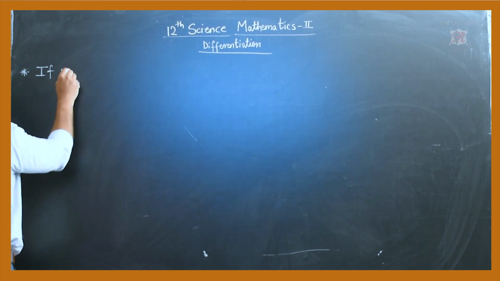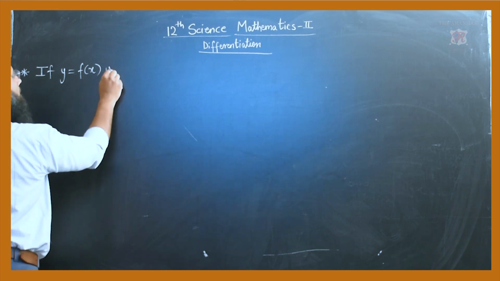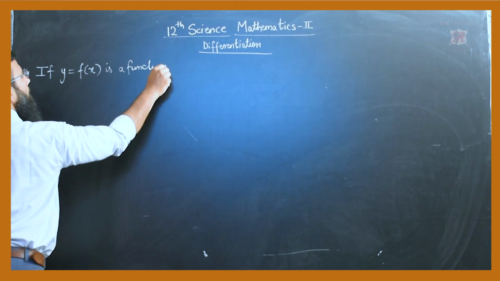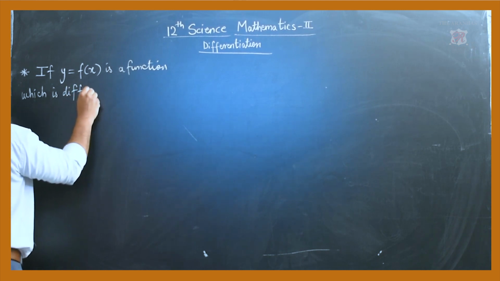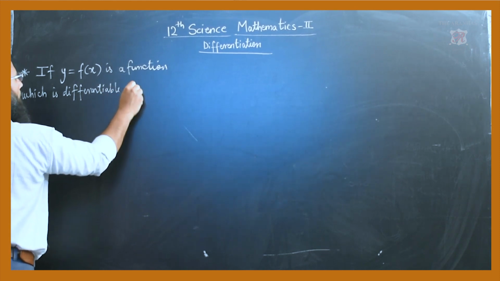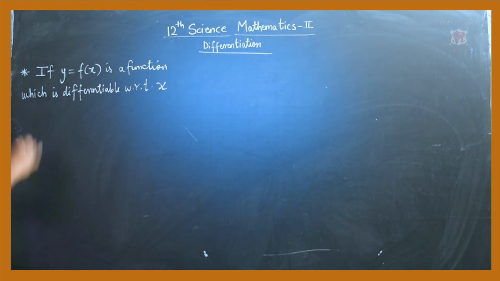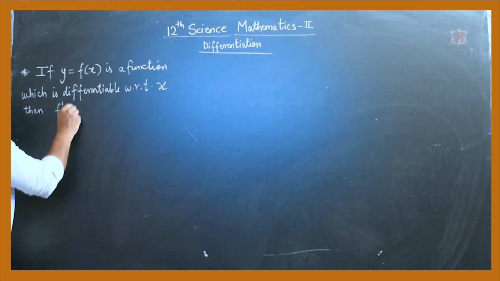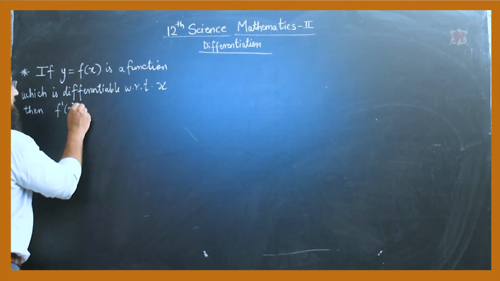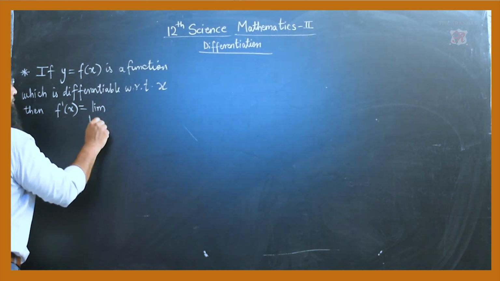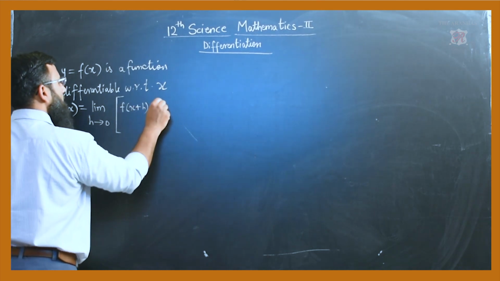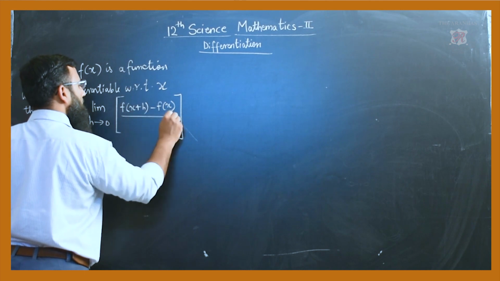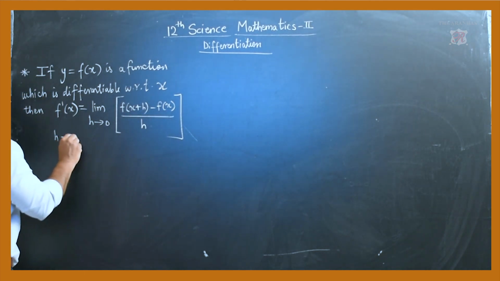So if y is f of x, a function which is differentiable with respect to x, then f dash of x, which is the derivative of this function f of x, can be obtained as the limit within an open interval for h tends to 0 of f of x plus h minus f of x upon h, where h should not be equal to 0.